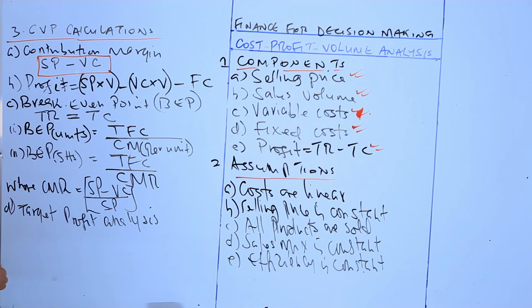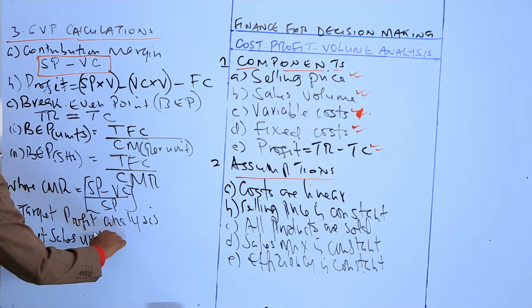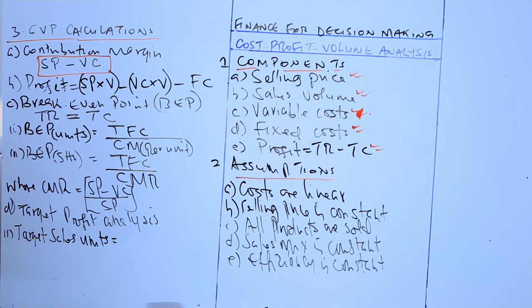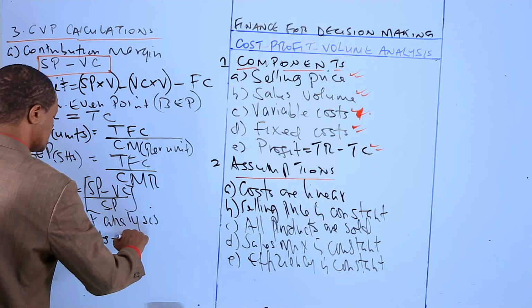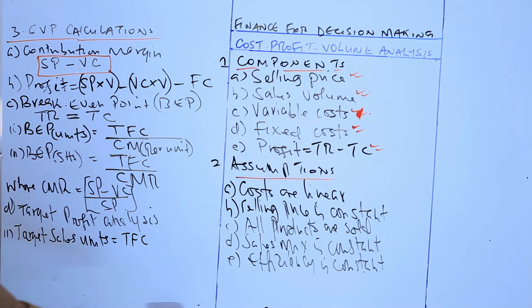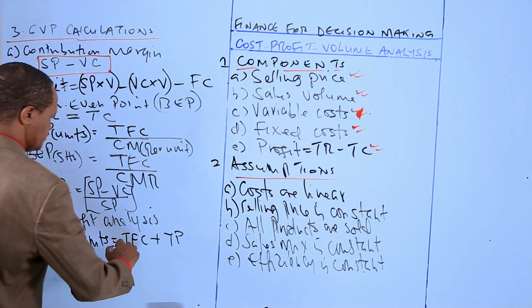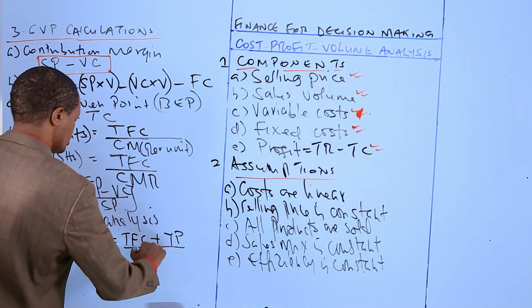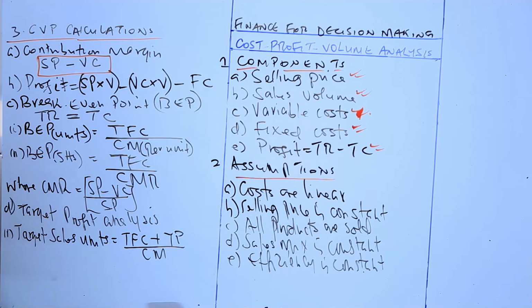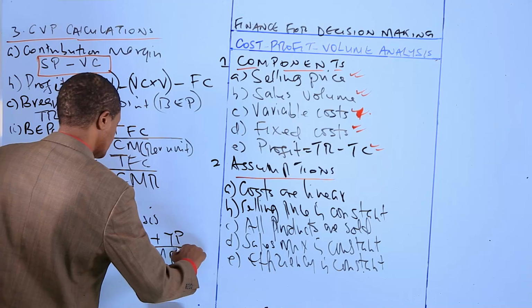Target profit or target sales units, number 1: target units will be equal to the total fixed cost plus the target profit divided by contribution margin per unit.